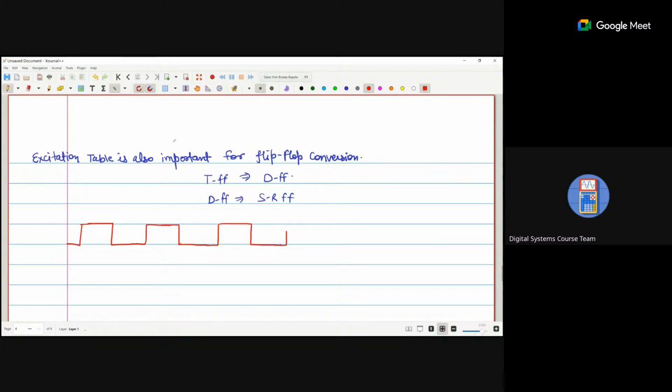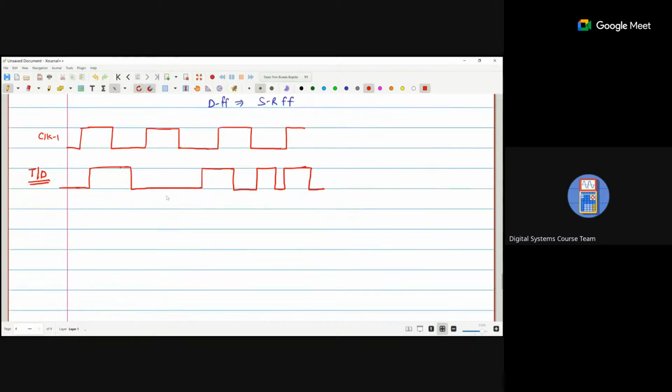Okay, this is my clock signal. This is my T and D flip flop input.